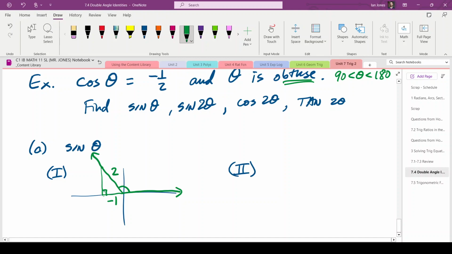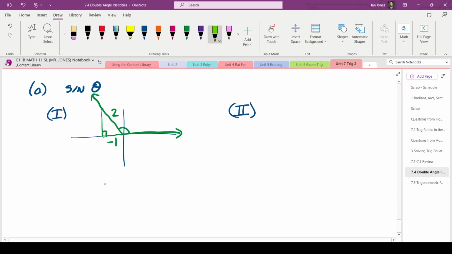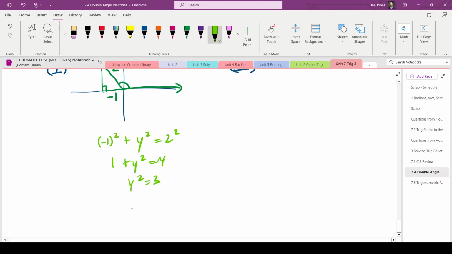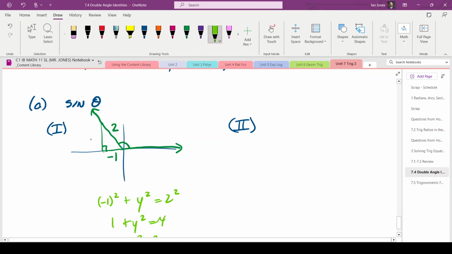I can use Pythagoras to get this y value. So I have negative 1 squared plus y squared equals 2 squared. 1 plus y squared equals 4. Y squared equals 3. Y equals plus or minus the square root of 3. In this case, it's plus the square root of 3 because we are above the x-axis. Y is positive. We went up.